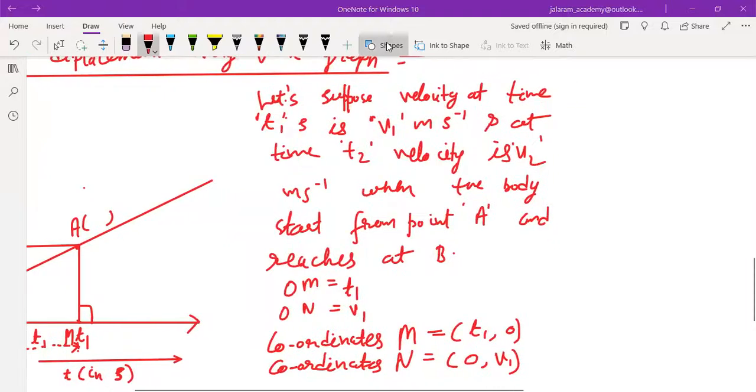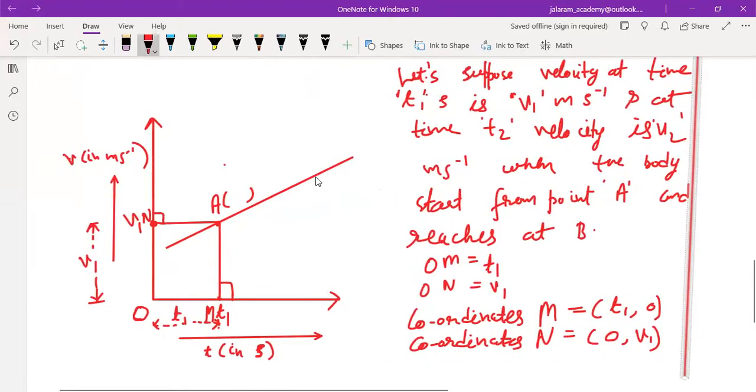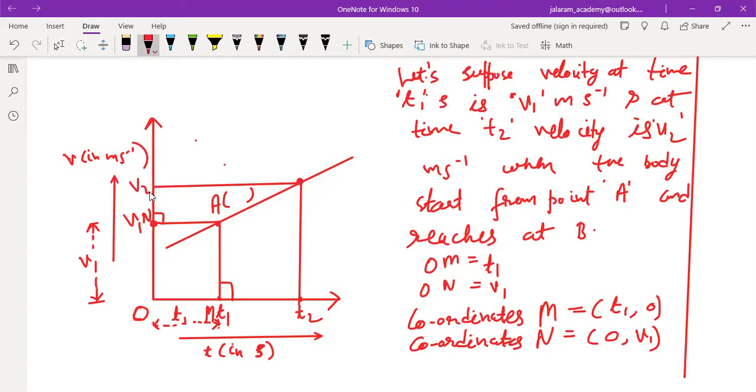And at the same time, if we discuss the point T2, where the velocity is V2, how do we find the relationship between them? First, we draw a perpendicular on the time axis at T2, and from the point where it intersects, a perpendicular is drawn to V2.